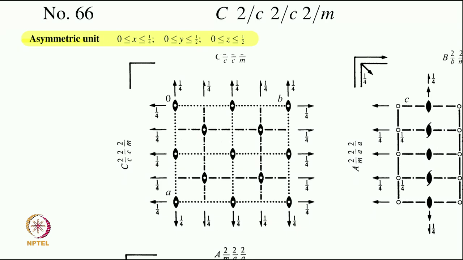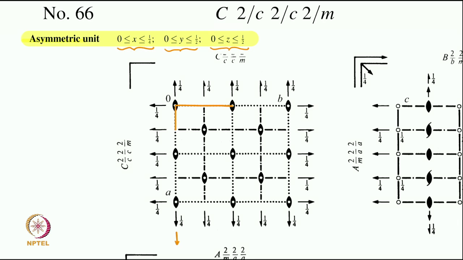So, what is given here is actually the boundaries of the asymmetric unit cell. You can see that x varies from 0 to quarter. The x axis is downwards and it is varying from 0 to quarter. So, we will go only up to this much. In the y axis we are going 0 to half.